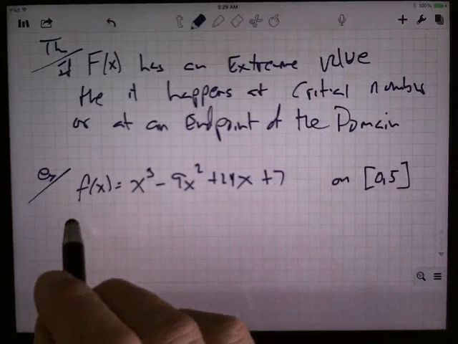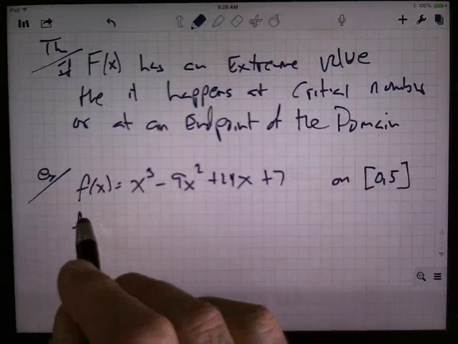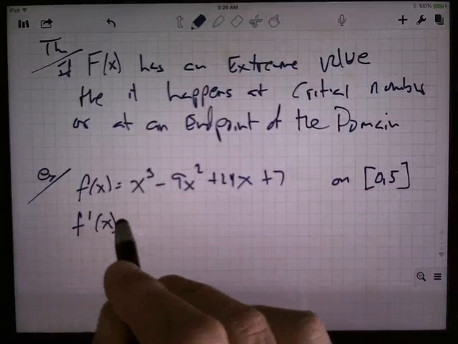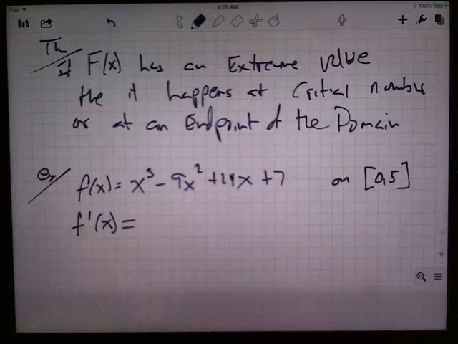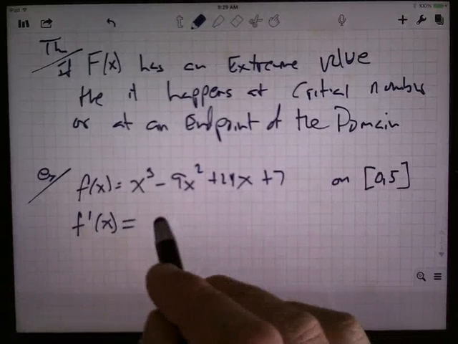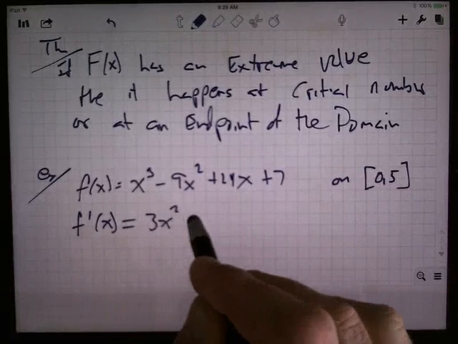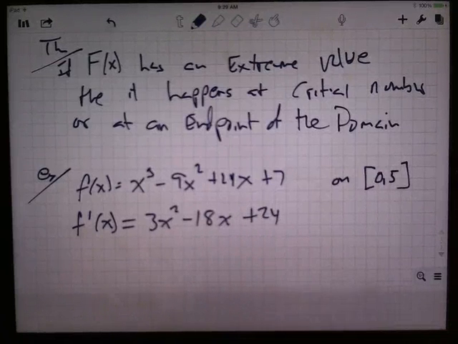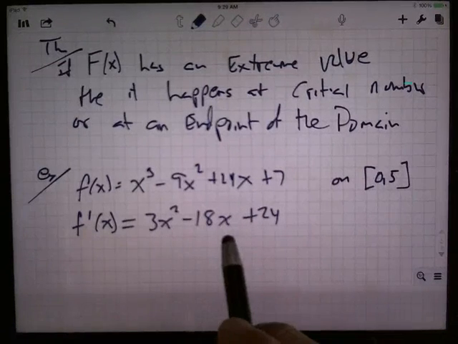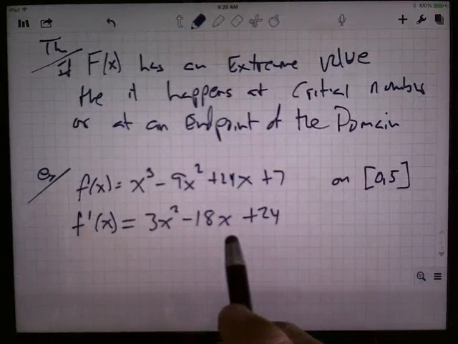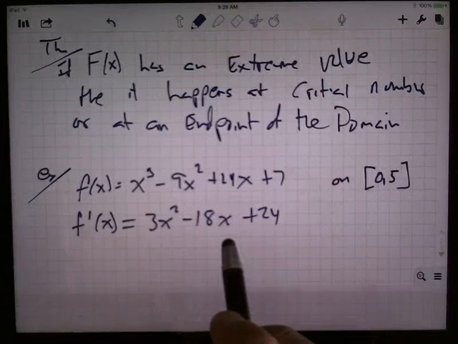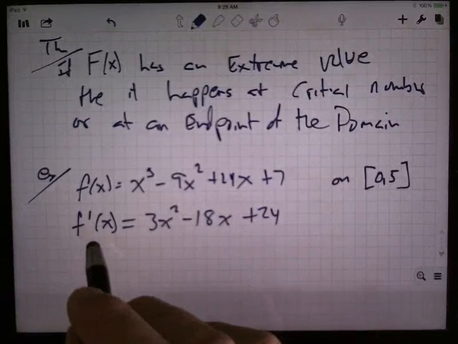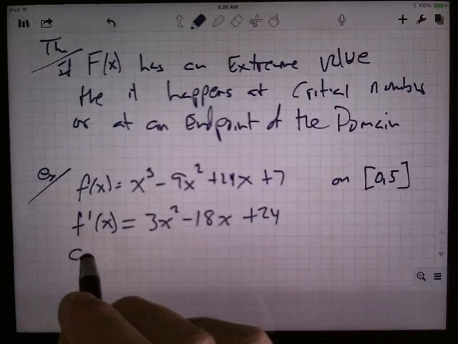So to find the critical values, I need to take the derivative and see when it's not defined and see when it's equal to 0. So here we go. Take the derivative. 3x squared minus 18x plus 24. Well, that's a quadratic function. That's always defined. So I'm not going to have critical values where the derivative is not defined. I'm only going to have critical values when the derivative is equal to 0.